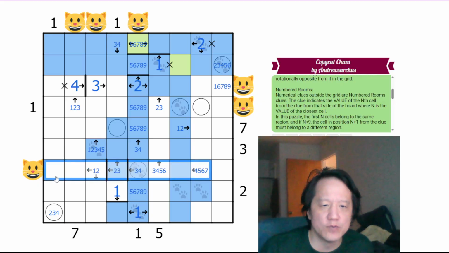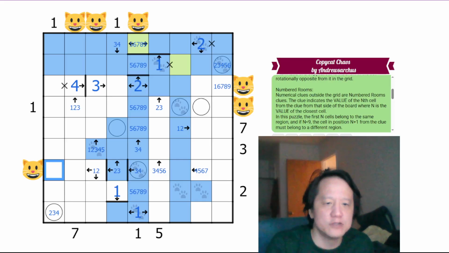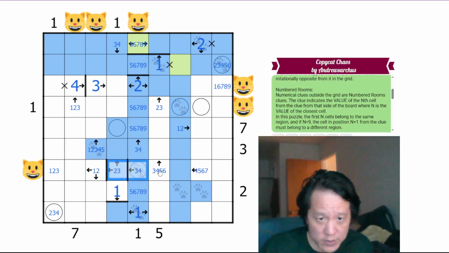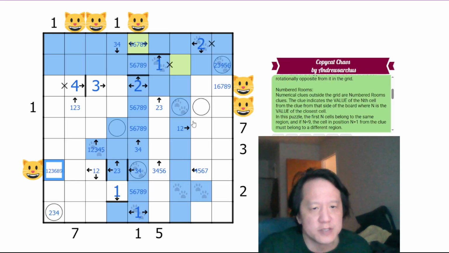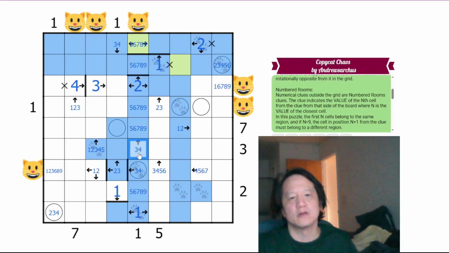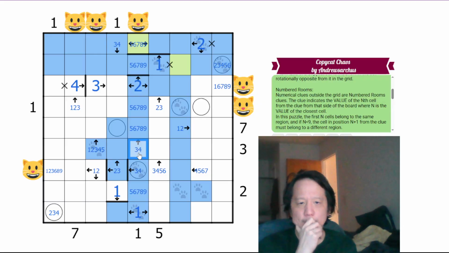Copycats in value in row 7 could be 1, 2, 3, or 6, 8, and 9. So these are all values, unless they are in blue specifically.